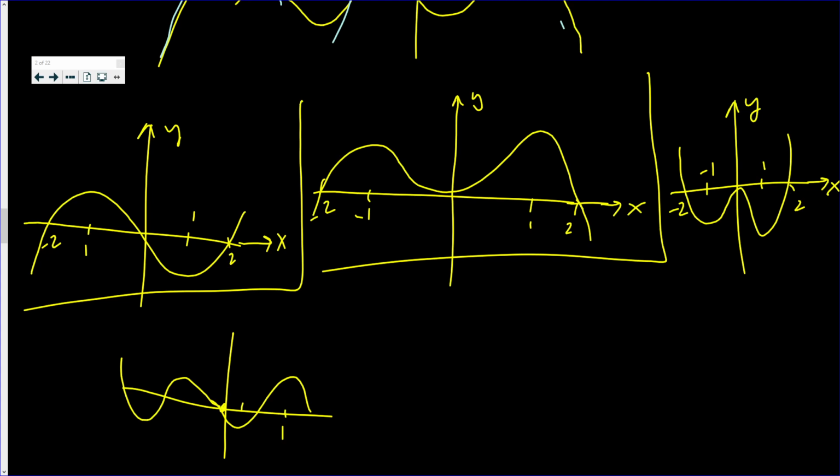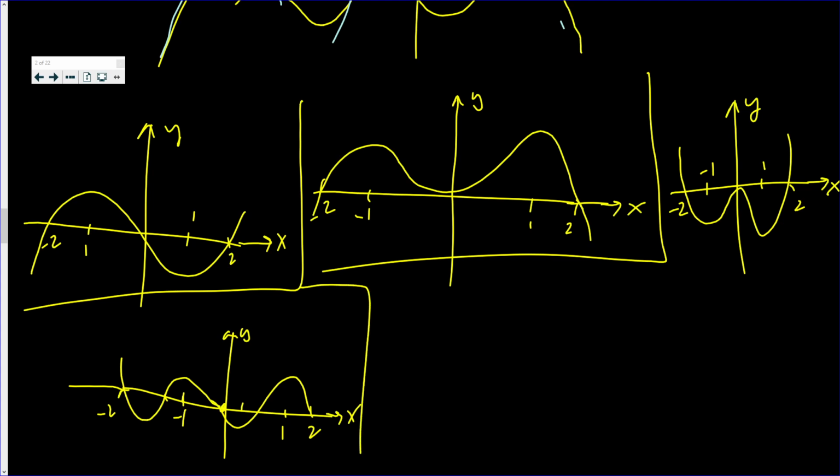Okay, this is 1, that's 2. This is -1. And here's -2. And so those are the 4 graphs.